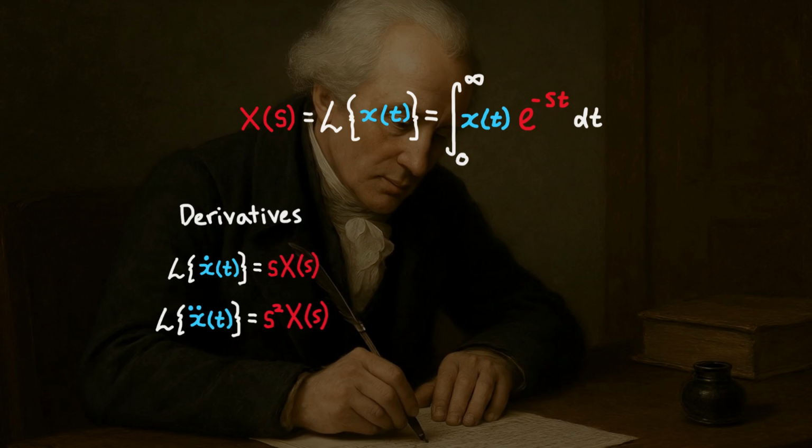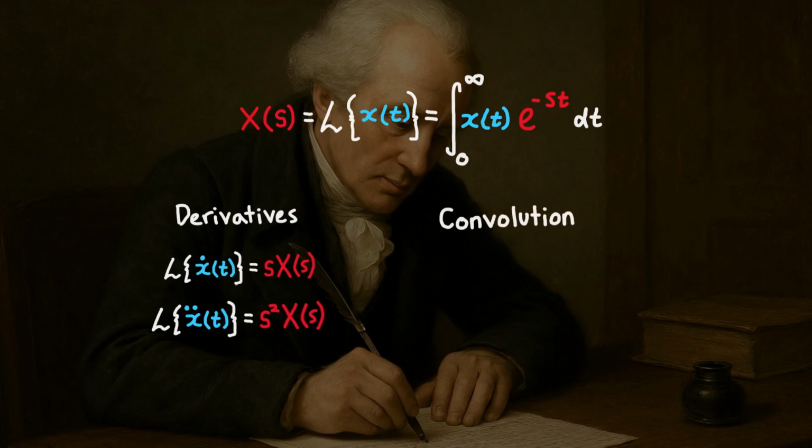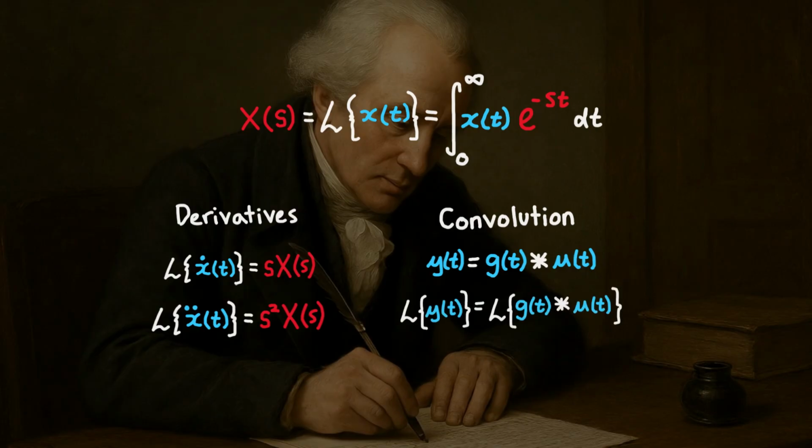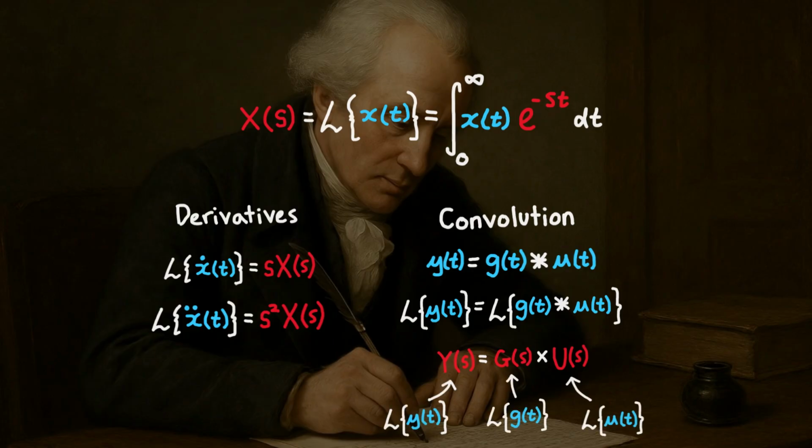Okay, but how does this help us with convolutions? Earlier we had written that y of t is equal to g of t convolved with u of t. And it turns out that if you Laplace transform both sides of this equation, then you will get capital Y of s is equal to capital G of s times capital U of s, where big Y, G, and U are the Laplace transforms of little y, g, and u respectively.